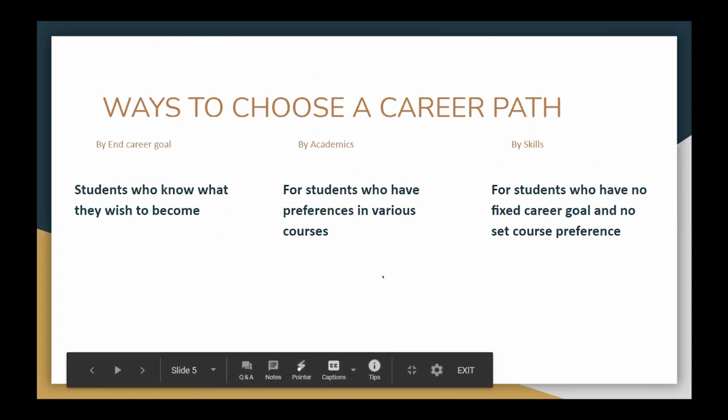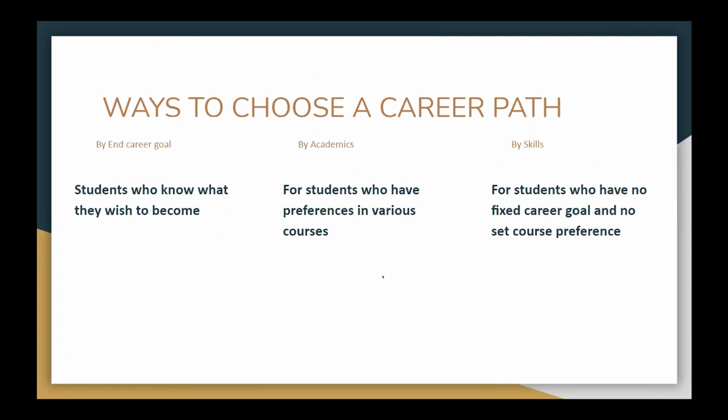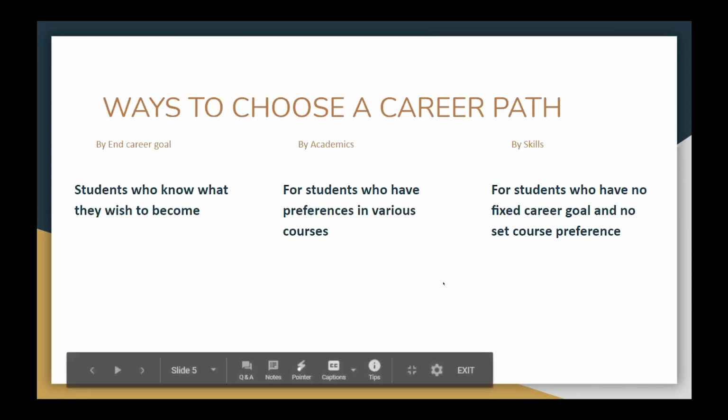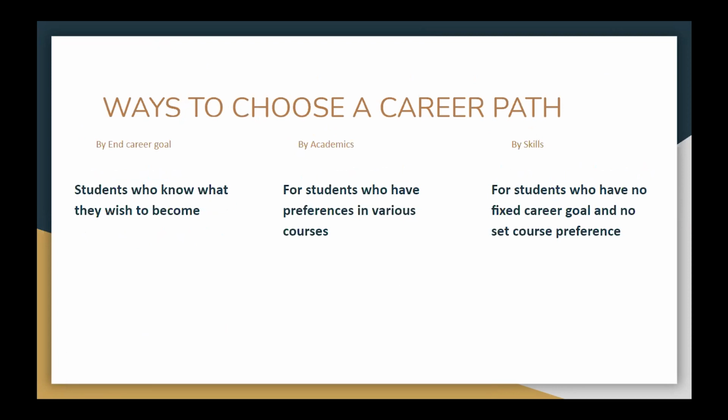So these are the ways a student can choose a career path. In my research, with the help of my team, we found out that for a student to be able to find a program to register for, they only need at least one piece of information. If they have more, it will be better.